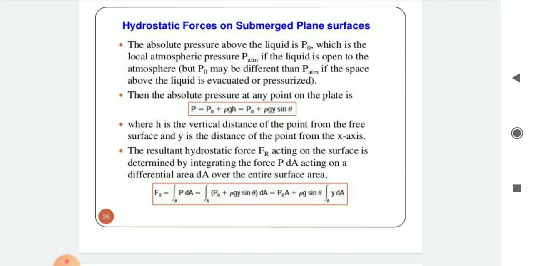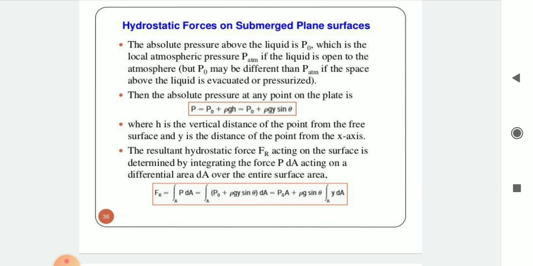The resultant hydrostatic force Fr acting on the surface is determined by integrating the force P dA acting on a differential area dA over the entire surface area.